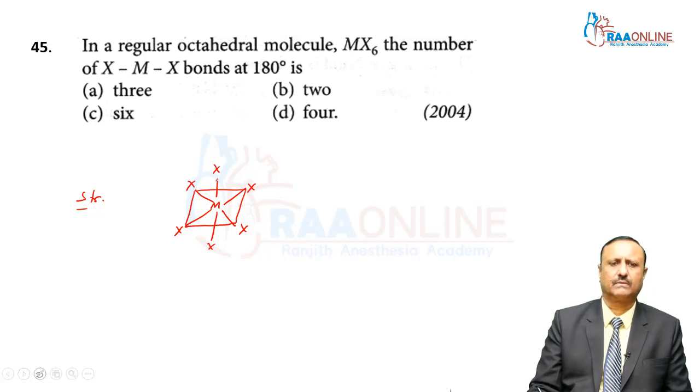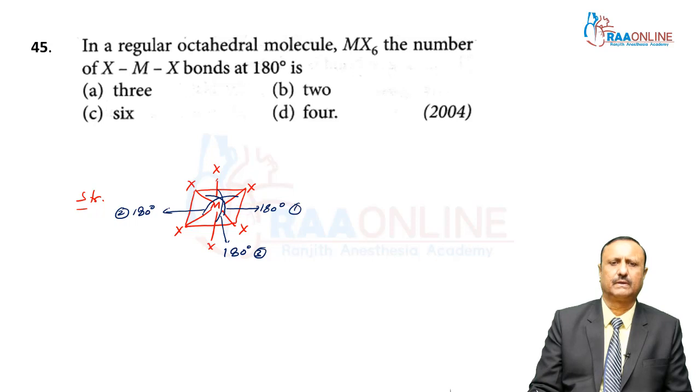Now we can see the 180 degree angles. Here this is a 180 degree angle, 1. Here this is a 180 degree angle, 2. And here this is the 180 degree angle, 3.